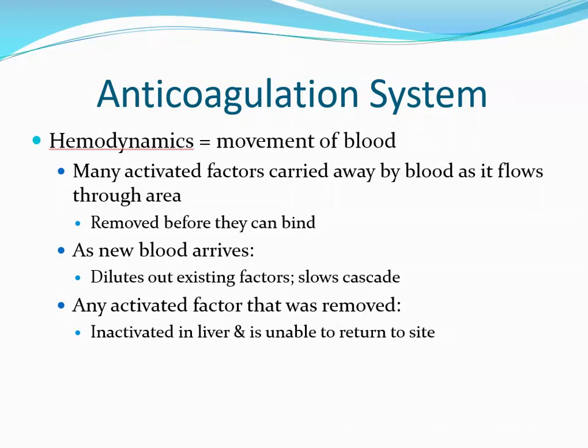No, these activated factors, when they are removed, as they travel through the liver, will be inactivated and hence unable to return to the site. Also, as new blood arrives into the site of damage, it will dilute out the existing factors. Both of these together help to slow down the cascade.